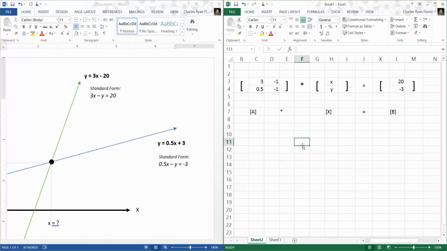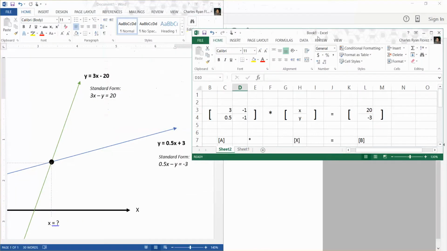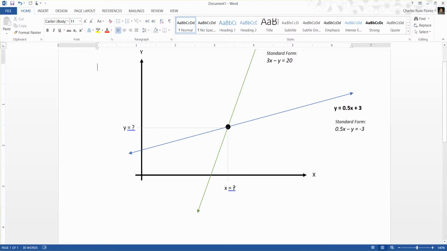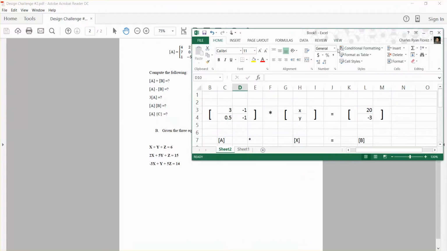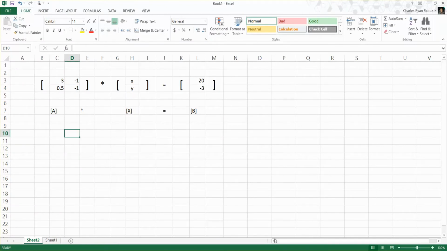So when we're trying to find what these x and y values are going to be, in Excel we use the inverse of a matrix.